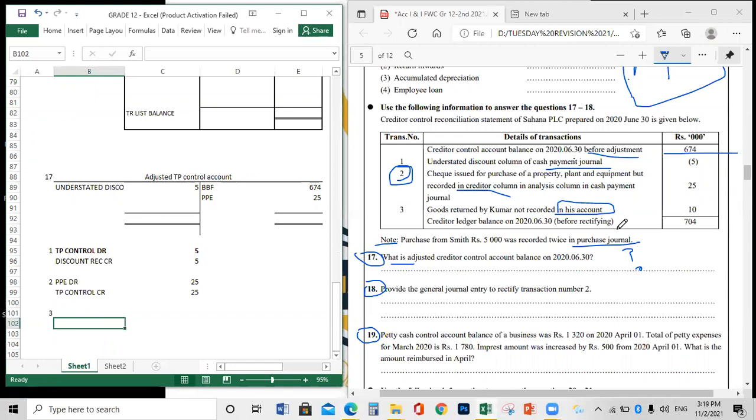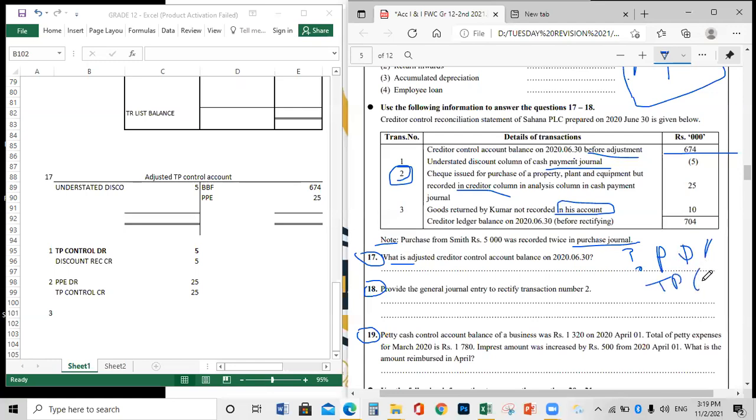When you make a credit purchase, you debit your purchase and credit your trade payable, but you have recorded it twice. What should you do? Cancel one. So to cancel one, you will reverse. Trade payable will be debited and your purchase will be credited. That's correct.